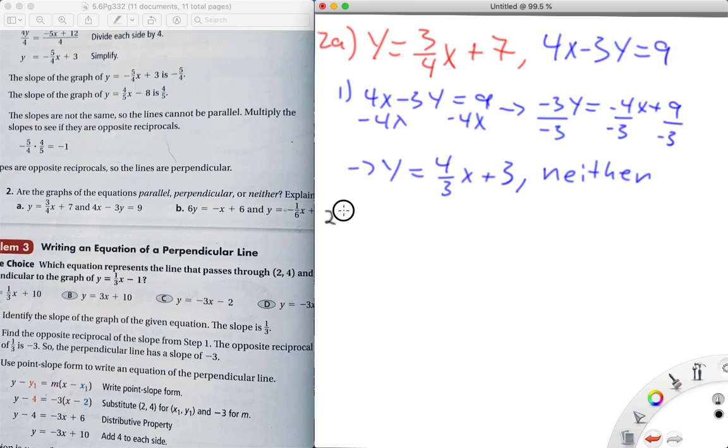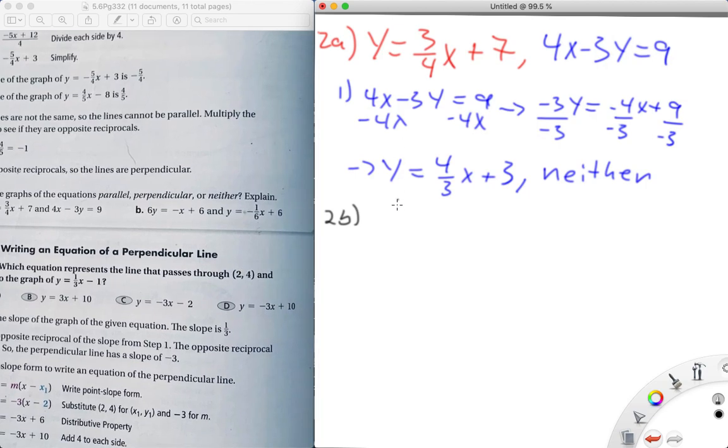For 2b, we have 6y equals negative x plus 6, and we have y equals negative 1/6 x plus 6.